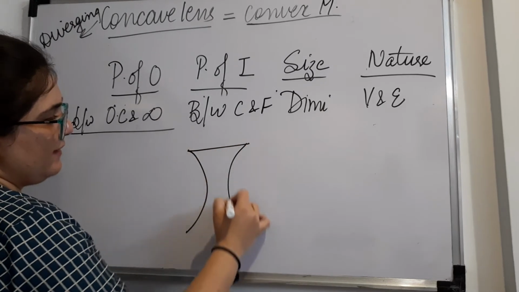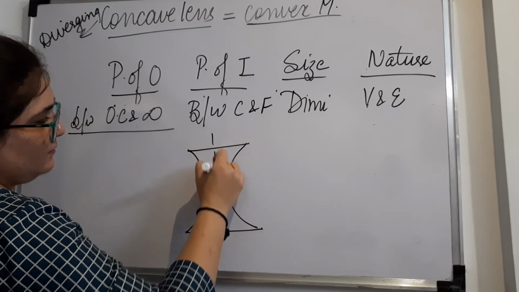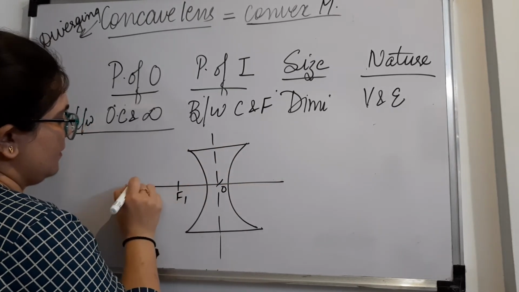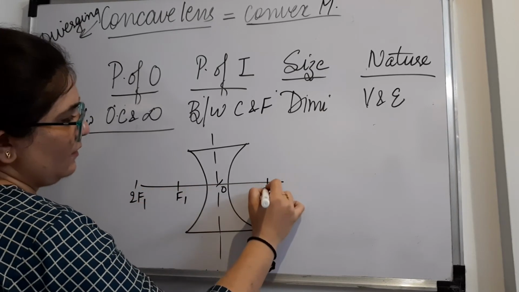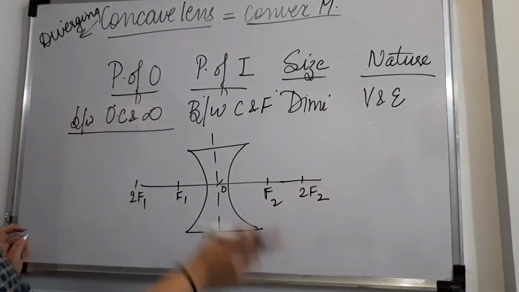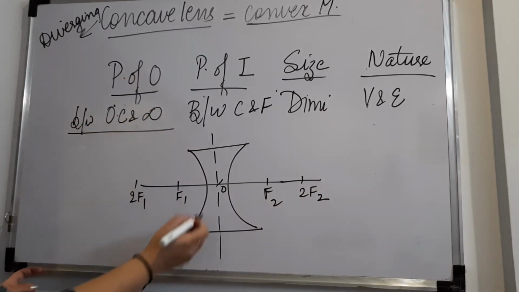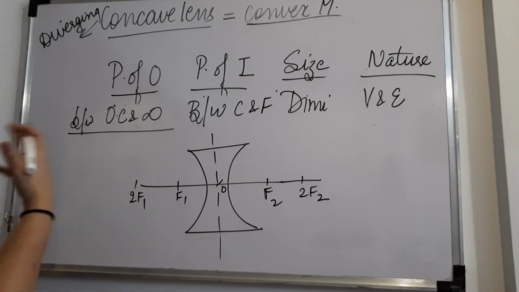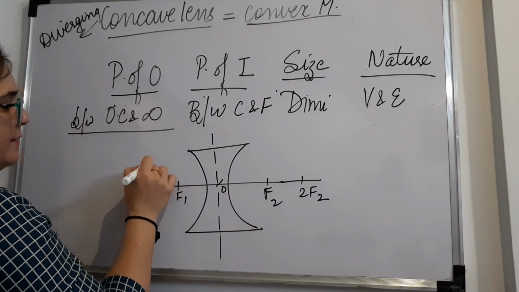We'll take a concave lens. Object, optical center and infinity. This is the optical center, and here you can go anywhere you want, infinity. So I am keeping the object, let's say here.